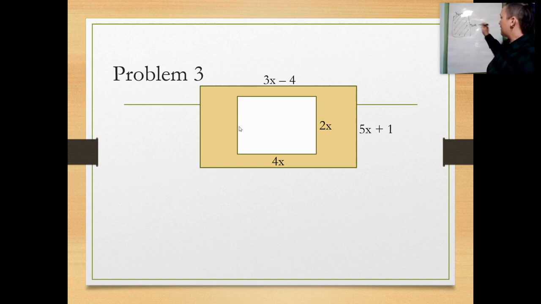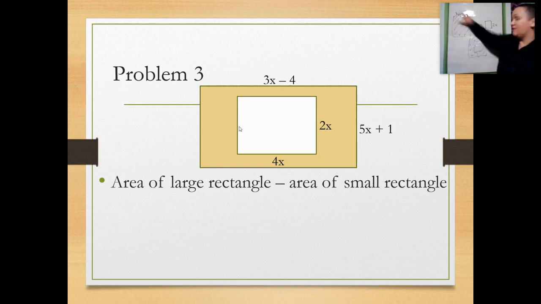And then if we take away or punch out or remove the smaller rectangle, the 2x and the 4x, so we want to take that part out, then we should be left with just the outside. So we're going to take the area of the large rectangle and we're going to subtract off the area of the small rectangle, and that should leave us with just the border.